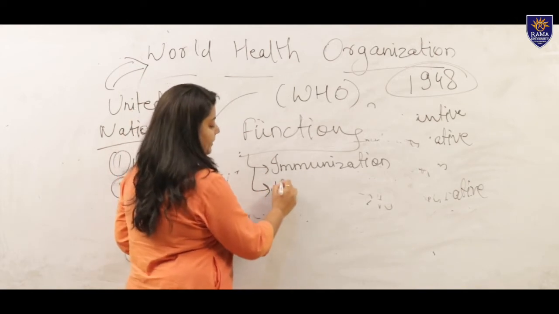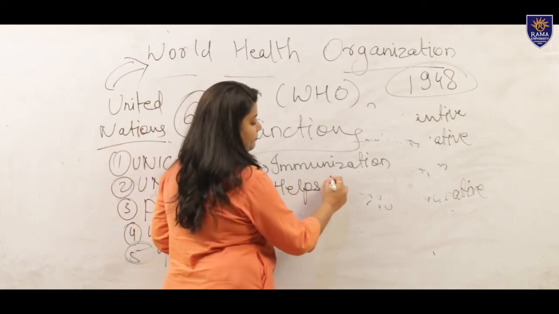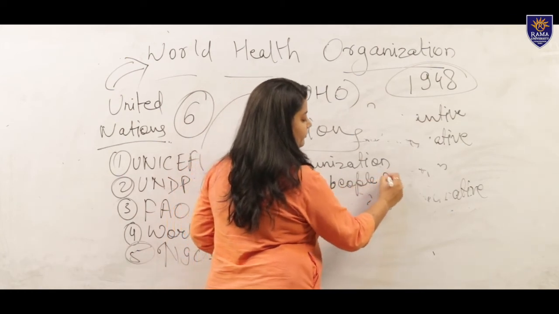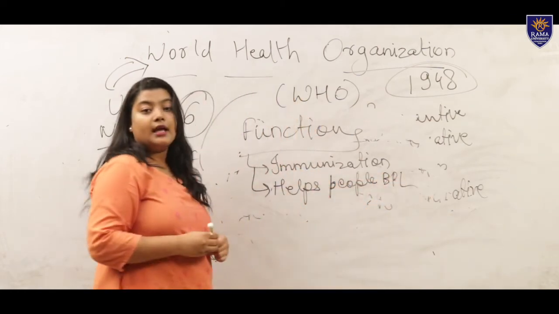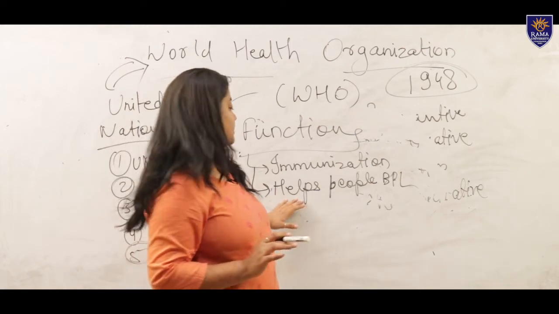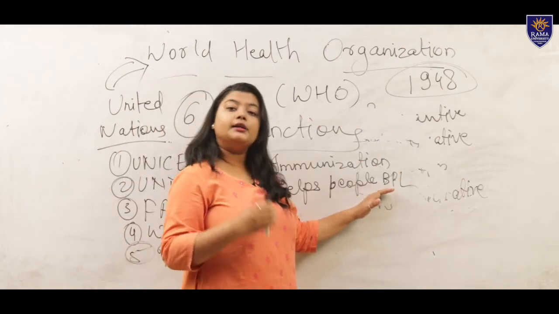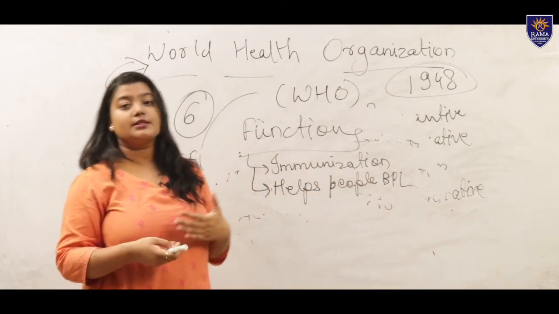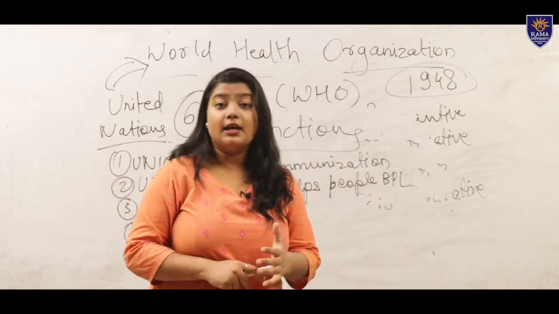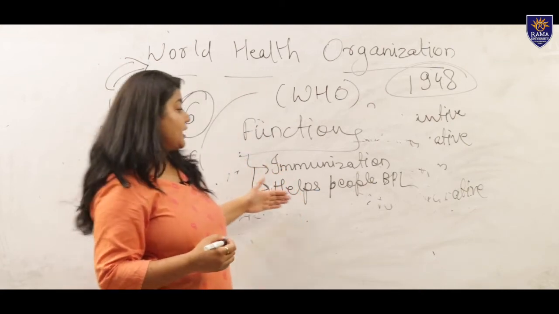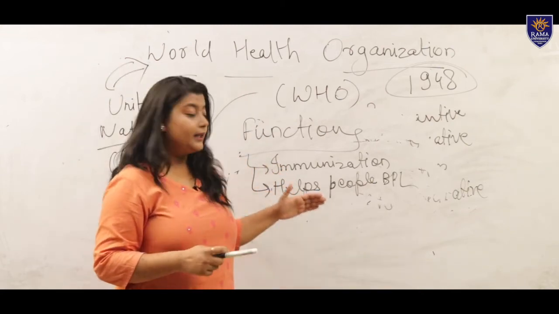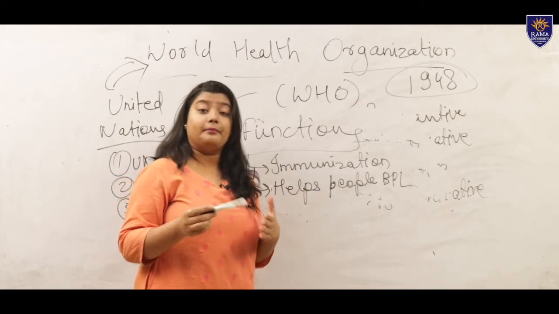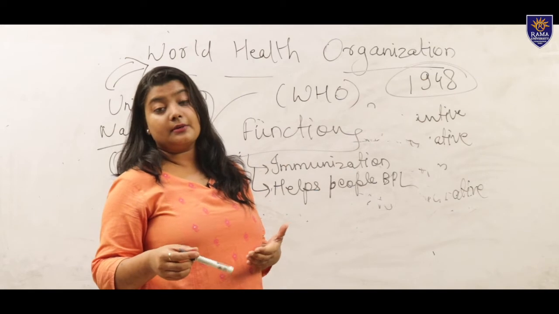Next is helping people below the poverty line. WHO has a serious concern towards people who come under the below poverty line, and for them it issues various rights and various funds which can be helpful in guiding people that these are the laws, these are your rights which your country must provide you with.